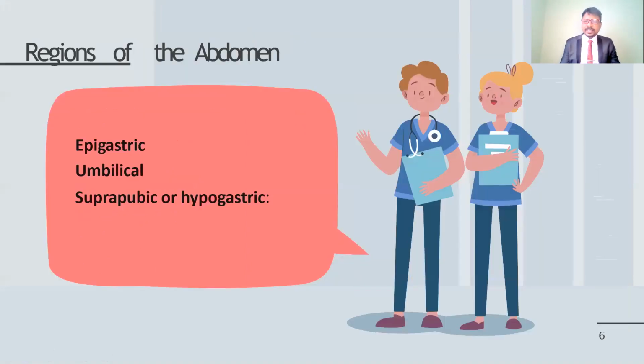If you see the regions of the abdomen, it divides into three regions: the epigastric region, the umbilical region, and the suprapubic region, also called the hypogastric region. Supra means superior, above the pubic region. Hypo means below, downward.